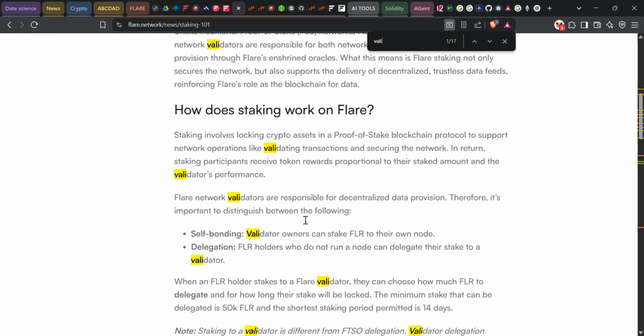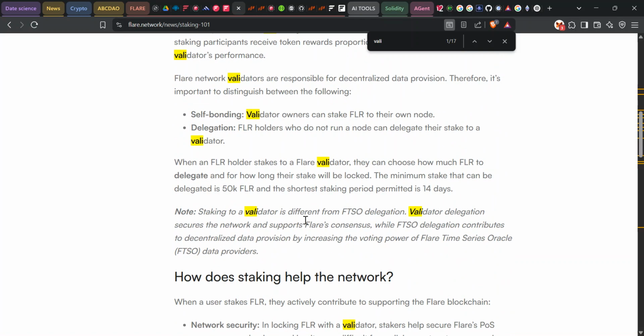Interesting. Network validators are responsible for decentralized data provision, and we also have self bonding. Validator owners can stake Flare to their own node. Delegation: Flare holders who do not run a node can delegate their stake to a validator. When a Flare holder stakes to a validator, they can choose how much Flare to delegate and for how long their stake will be locked.